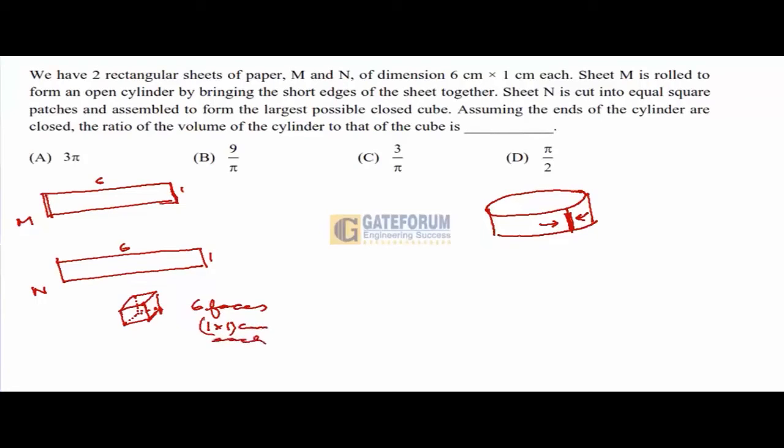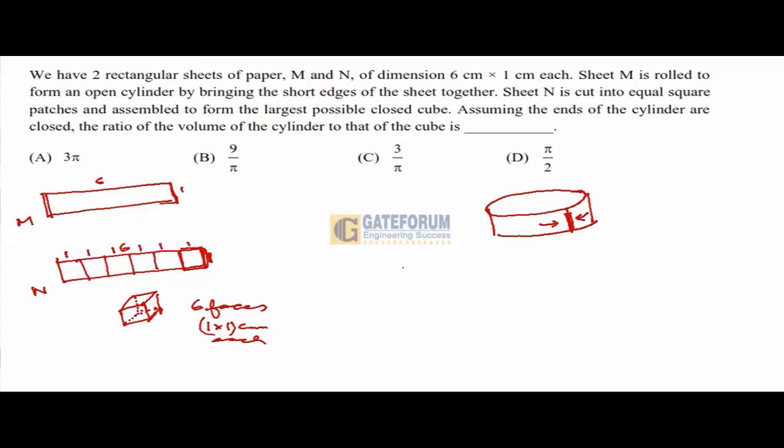So I need to divide it into 6 faces. See, 1, 2, 3, 4, 5, 6. If I divide it into 6 equal portions, then obviously 6 divided by 6, each of this length is 1 individually, right? And this also is 1. So each of them is a square of 1 into 1 dimension. I hope we can say that.